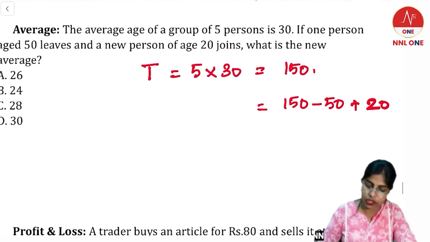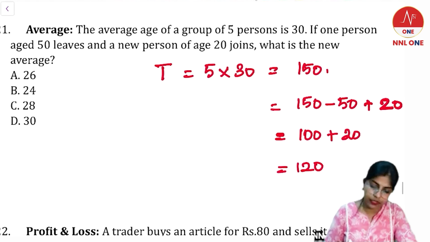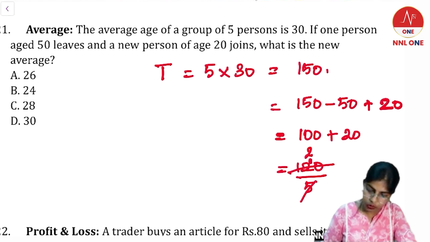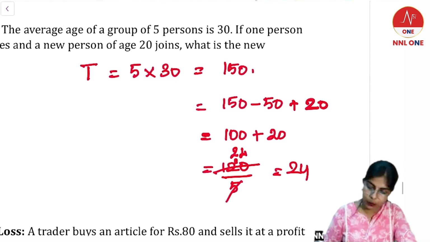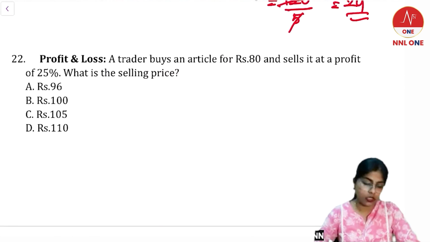What is the new average? 150 minus 50 is 100. 100 plus 20 is 120. So what is the new average? We are going to divide by 5. 5 2s are 10, remainder 2, 5 4s are 20. So the answer for this question is 24. Option B.